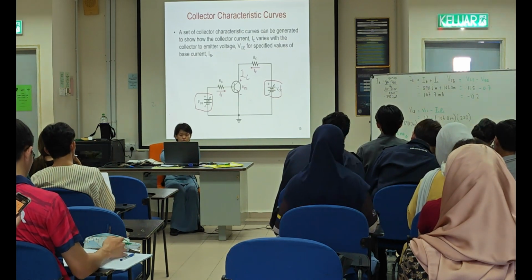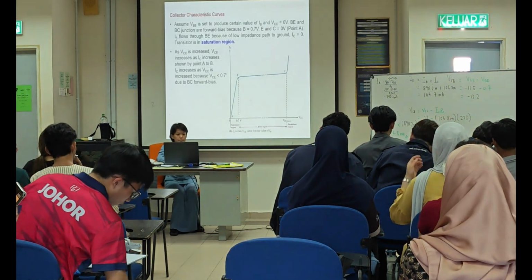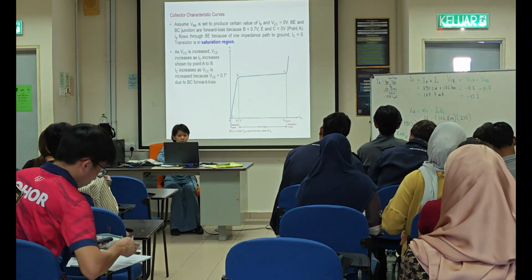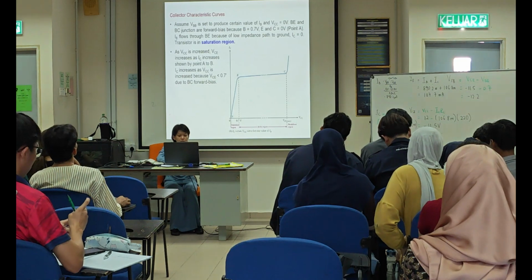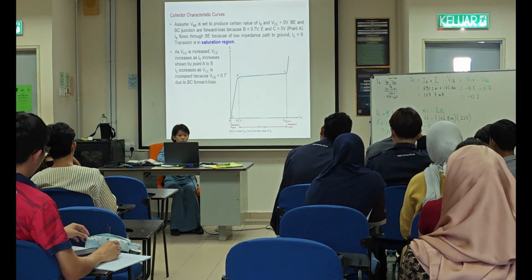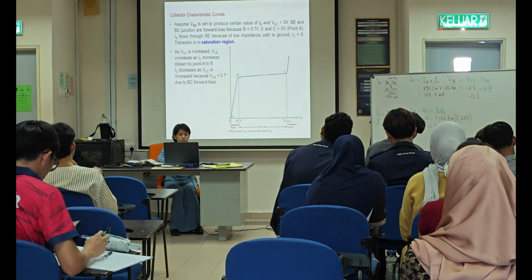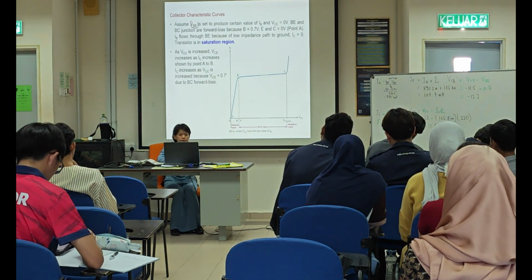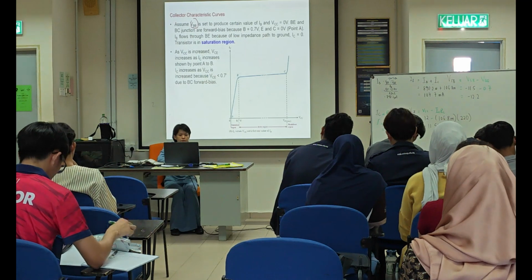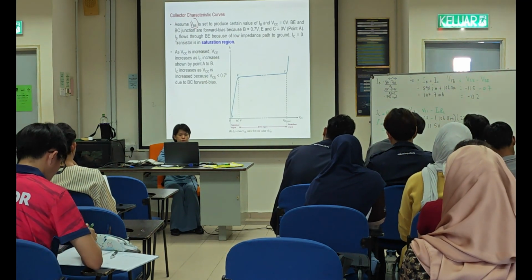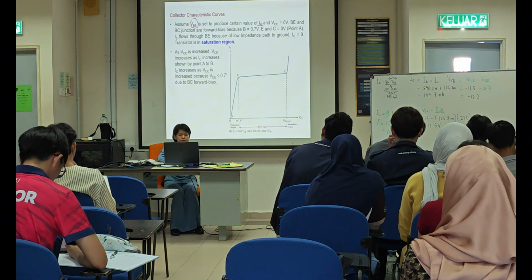Okay, so now we go and see. This is the characteristic curve for your transistor. First we assume the VBE is set at a certain value, set to produce a certain value of IB.